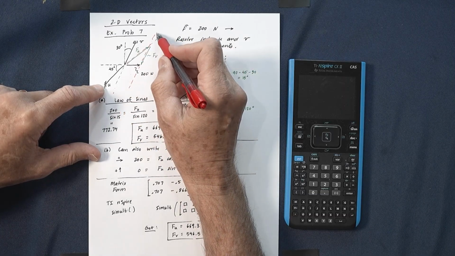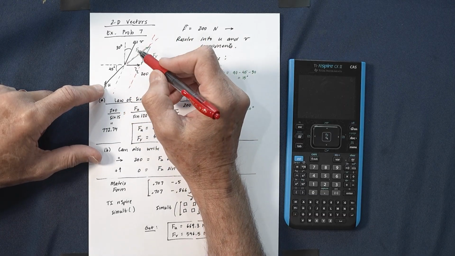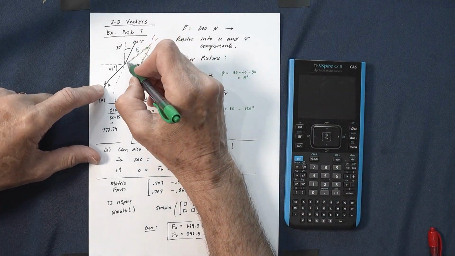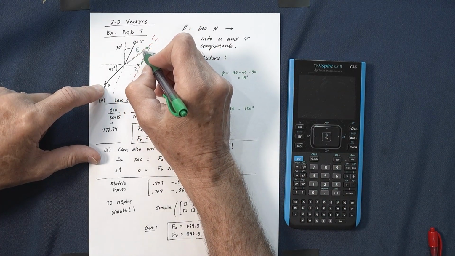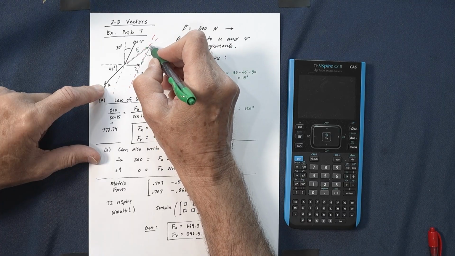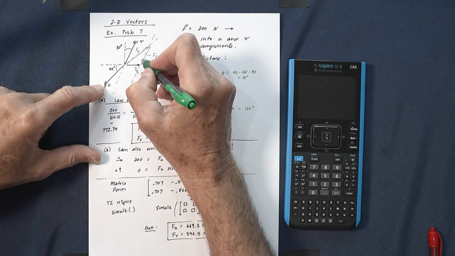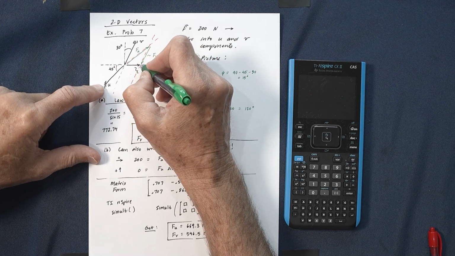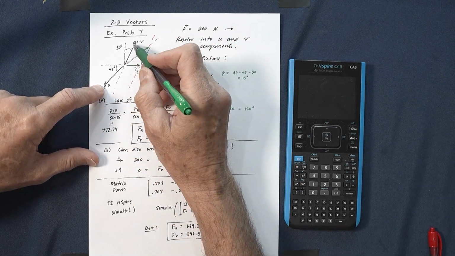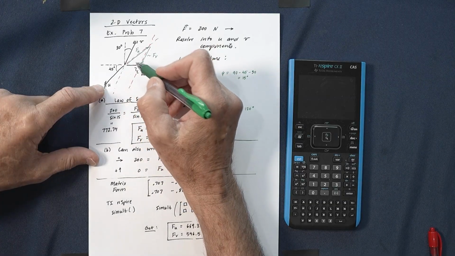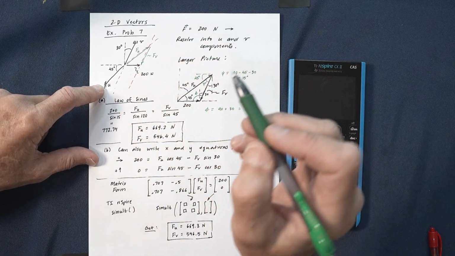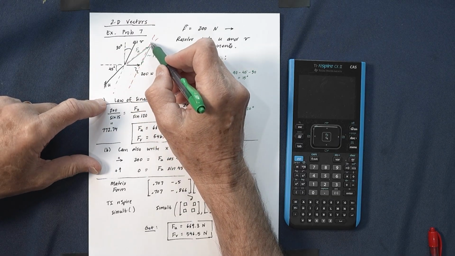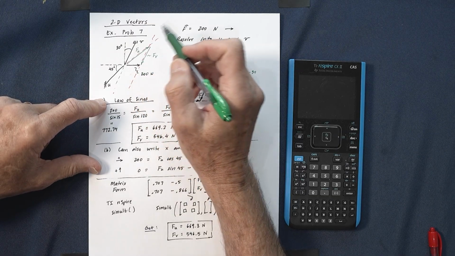Once you've drawn these parallel lines, it's pretty clear that you've got a component in the U direction, which we'll call FU, plus a component in the V direction, and this guy plus this guy will give you the resultant force. Again, once you draw the parallel lines, it becomes clear what's going on. So this is basically just a triangle, or a vector polygon, that we're going to solve.